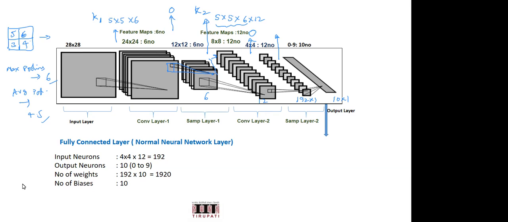So it is 1920. So now overall, these are all the learnable parameters. Correct?